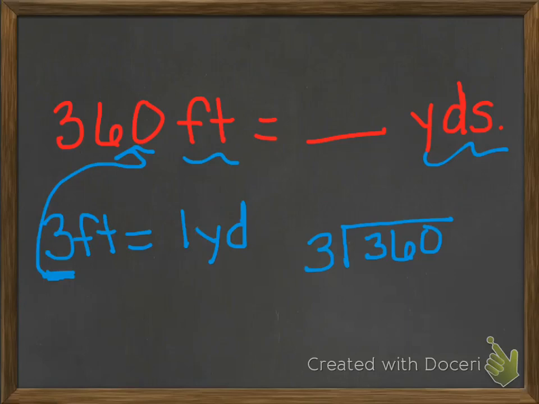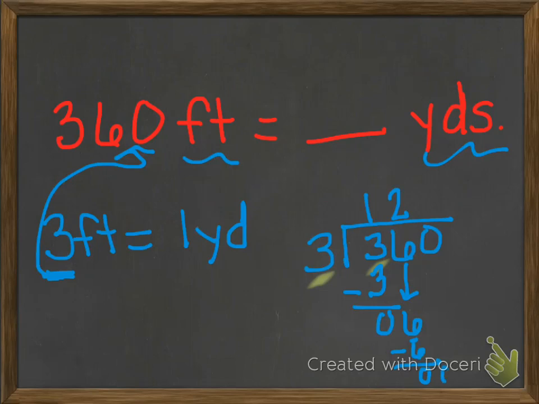So in order to do that, I'm asking myself, 3 goes into 3 how many times? 1. We multiply, subtract, and bring down. Again, 3 goes into 6 how many times? 2. 2 times 3 is 6.